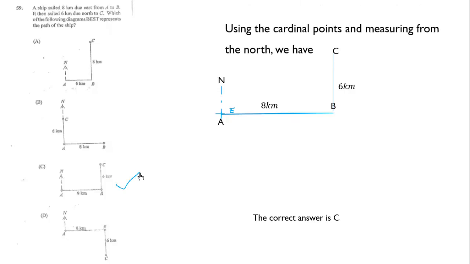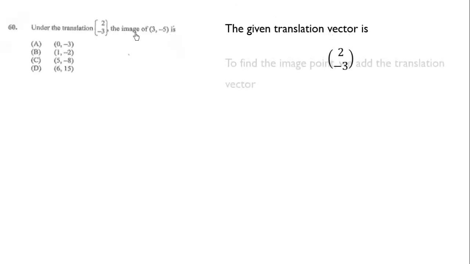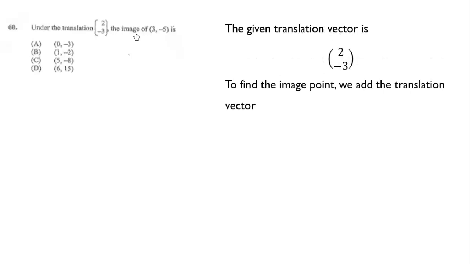Now let's look at our final question. Under the translation, we have 2, -3. The image of 3, -5 is what? So translation is just the addition of vectors. So we add the translation vector to the given point.